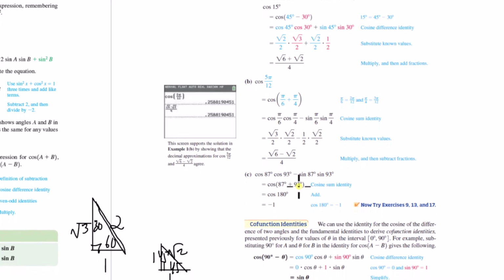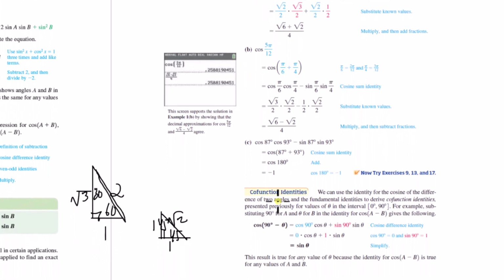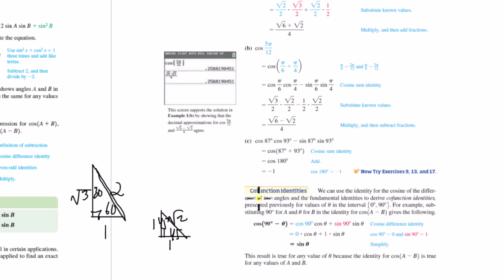Okay. So now let's take a look at the cofunction identities. Let's prove the cofunction identities for any input angle, not just the acute angles. So we can use the identity for the cosine of the difference of two angles and the fundamental identities to derive cofunction identities presented previously for values of theta in the acute angles.